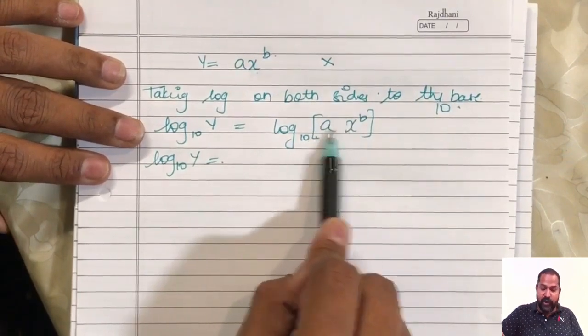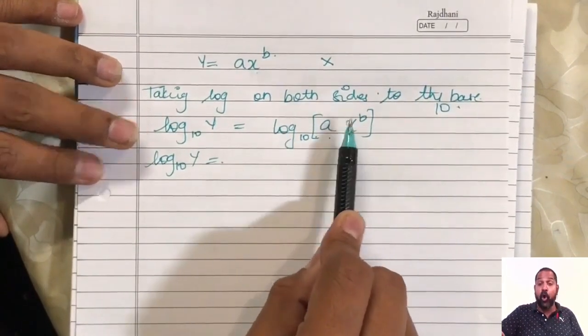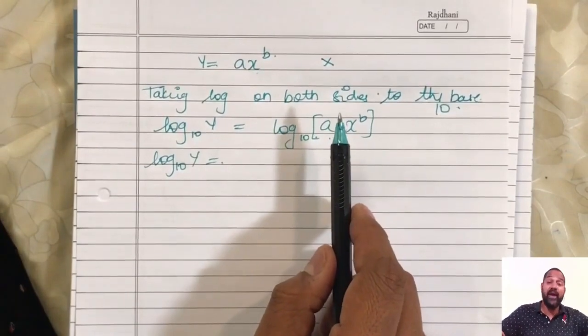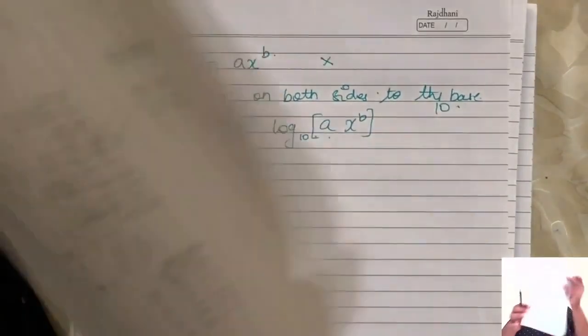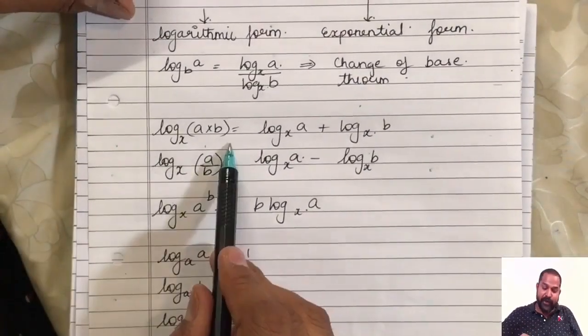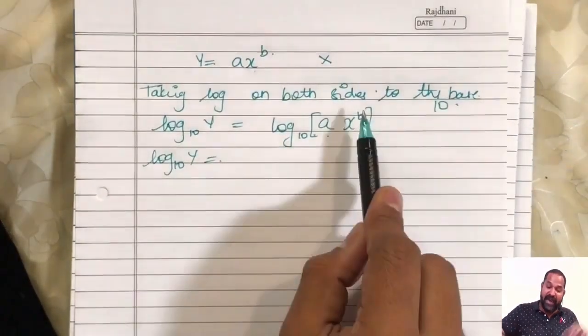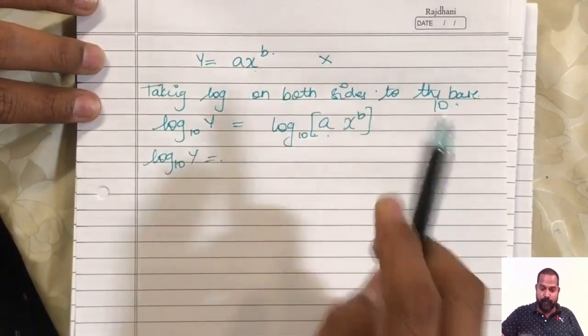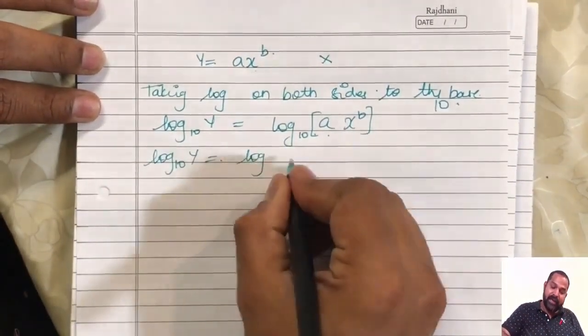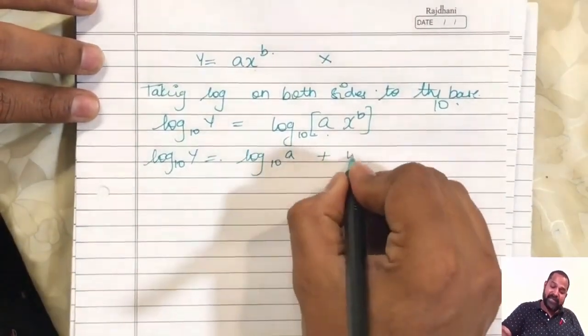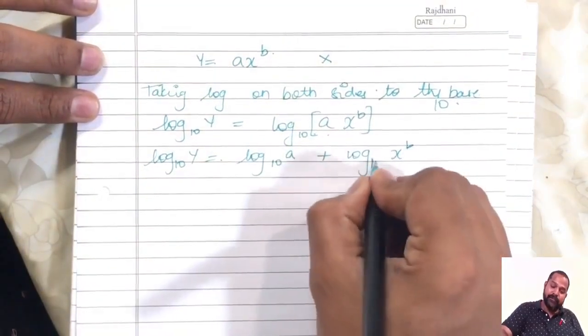Or in other words, when two values are multiplying, log will change multiplication to addition. So, log of a into b is log a plus log b.